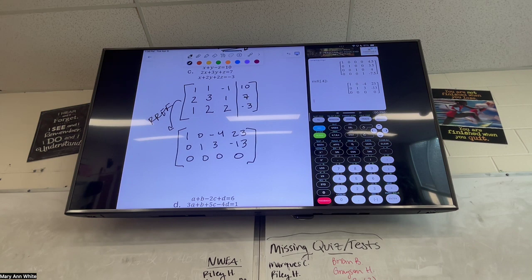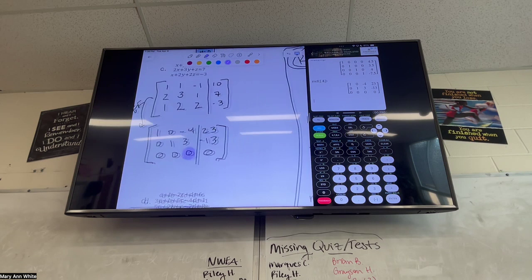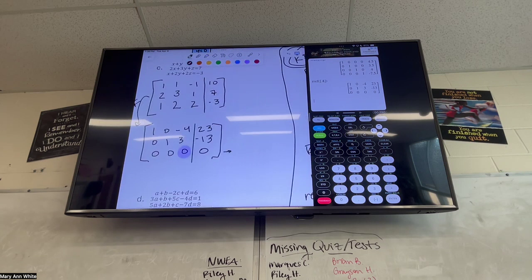Does this look like I told you it was gonna look like? What do you notice specifically here? There's no one in the bottom right, it's a 0 instead. So that equation doesn't say z equals 0, that equation says 0x plus 0y plus 0z equals 0.